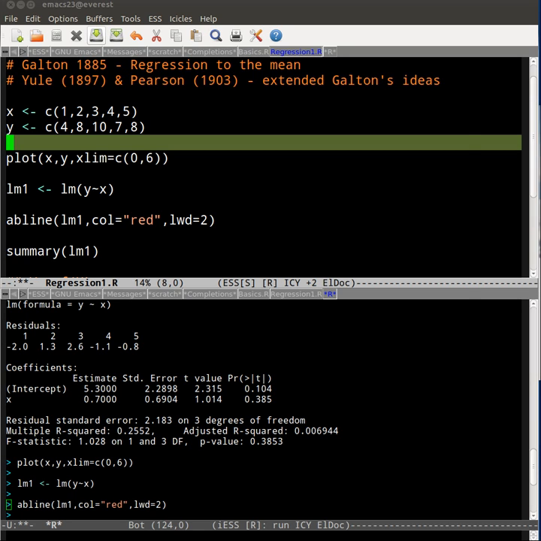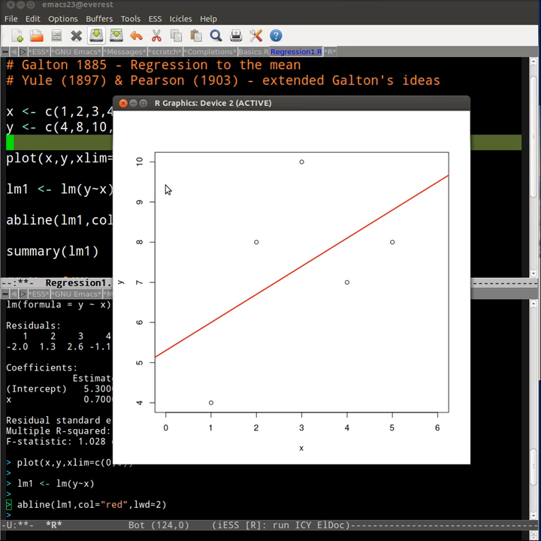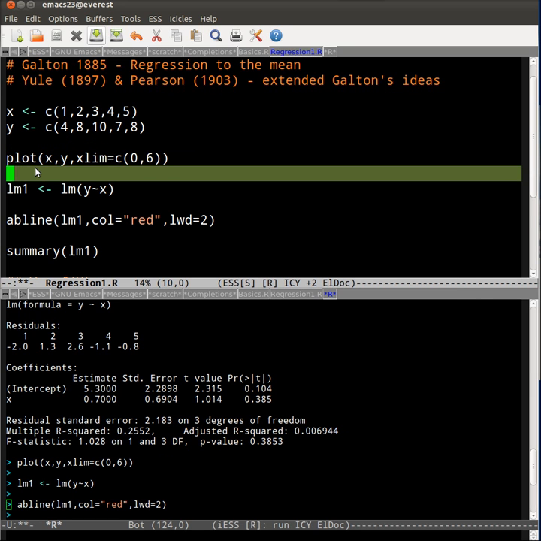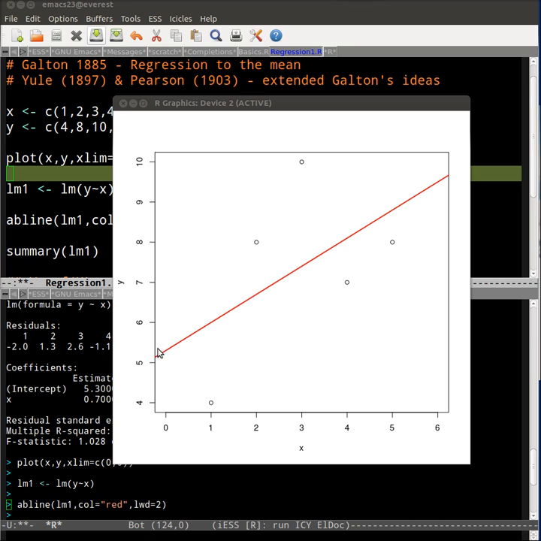So first let me see if I can get this figure here. Remember, we started with this figure where these are the observed values. X is 1, Y is 4, and so on and so forth. Don't need to redo that again. But if you notice, this line of best fit doesn't go through any of these individual observed data points.